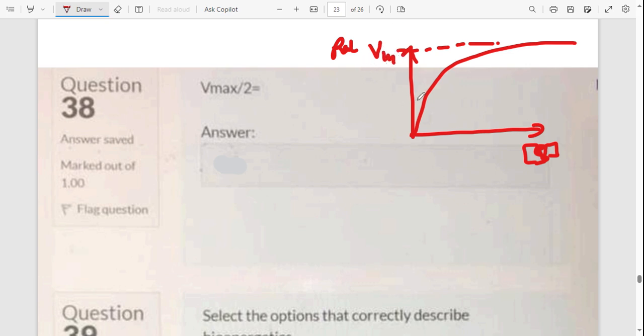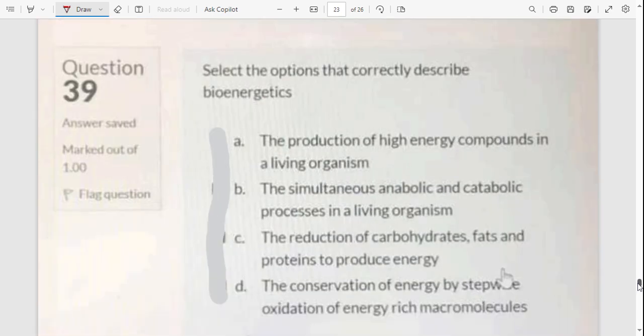Now, if you divide Vmax by 2, you come here, Vmax over 2. That will take you to the concentration of the substrate at which almost half of the active sites have been occupied. That is known as Km, the point at which half of the active sites have been occupied.